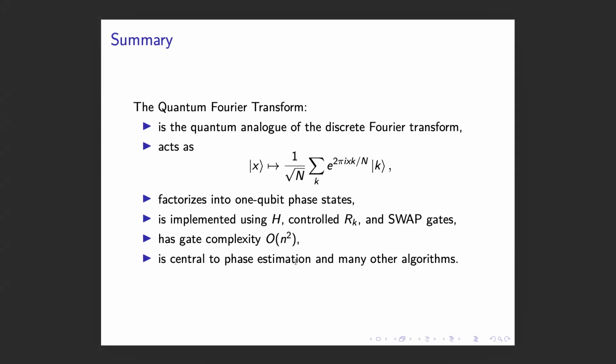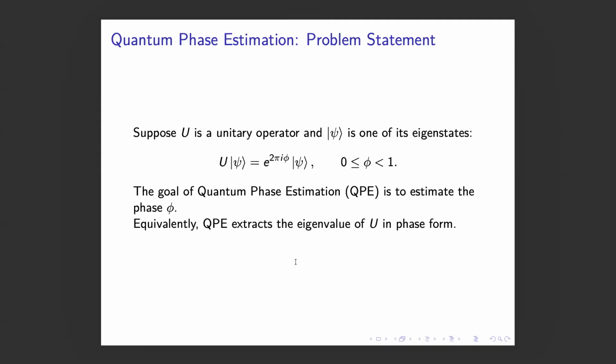And it's central to phase estimation and many other algorithms. If you are interested in applying this HHL algorithm, which solves linear equations, then you need both the quantum Fourier transform and the quantum phase estimation. So I wanted to start with the quantum phase estimation and say something about this, and we will probably need some time after the break as well.